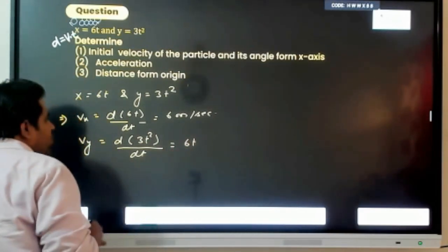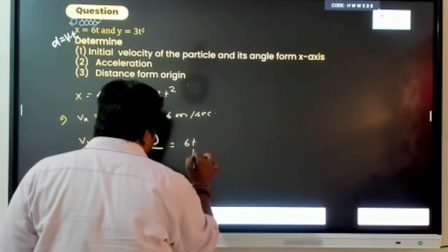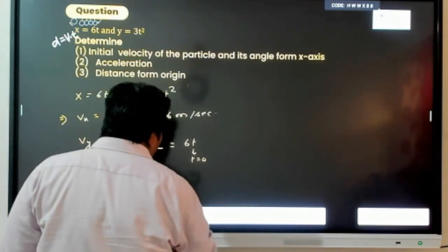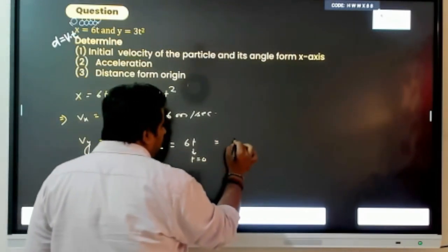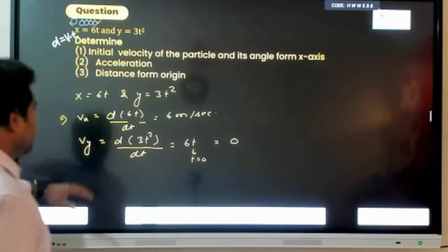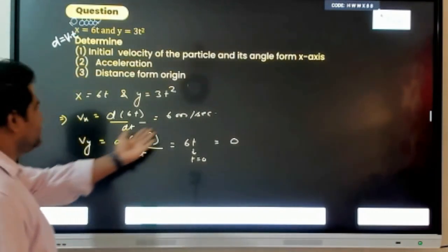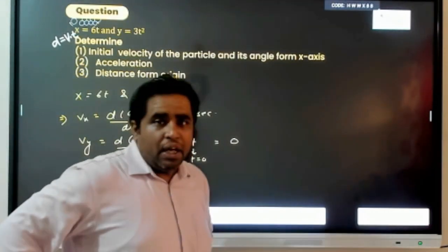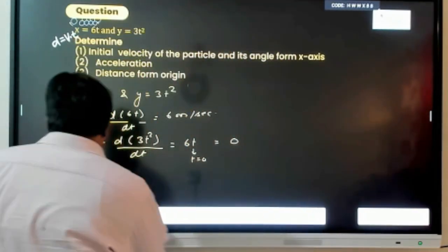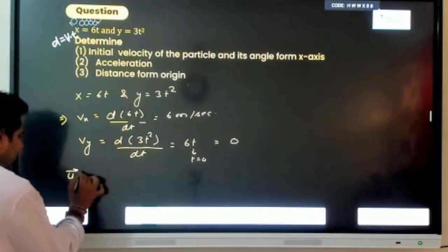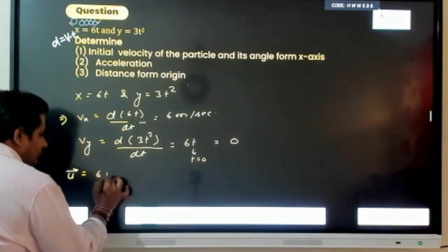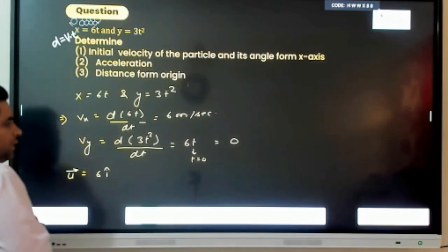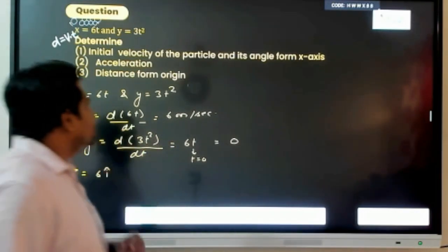And if I put the value of t to be 0, it becomes 0. So in the y direction there is no initial velocity, and in the x direction there is the initial velocity, which is 6. So we are going to write that the u vector is nothing but 6 i cap. That's it, and in the y direction it is 0.